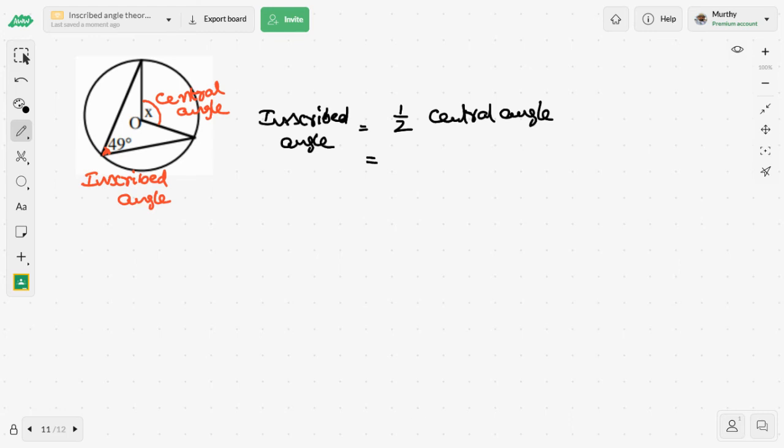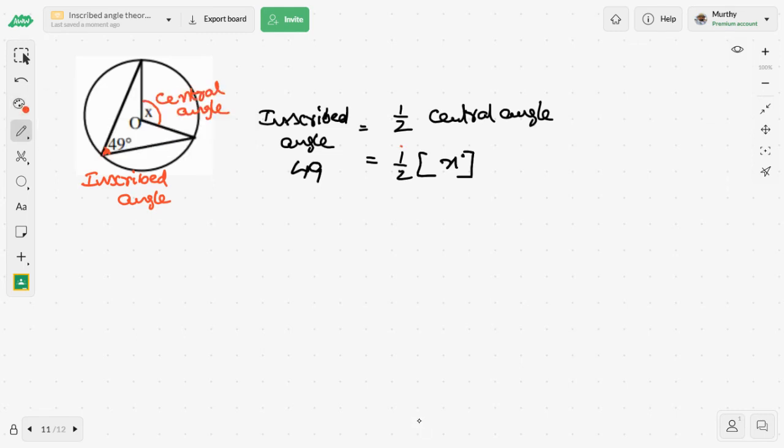Any guesswork? In fact, you can plug in these values, but don't forget, observe carefully and write exactly where they are supposed to be. So here the inscribed angle is 49. Do not take half of 49. It is 49 here, and the central angle is missing, so half of x.